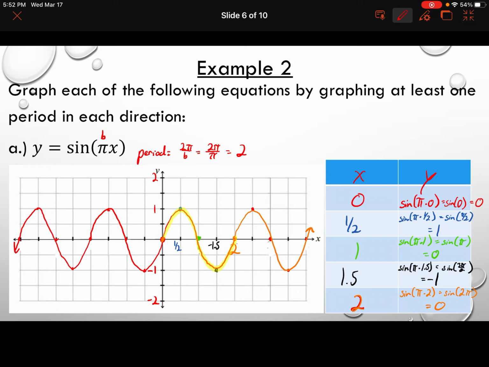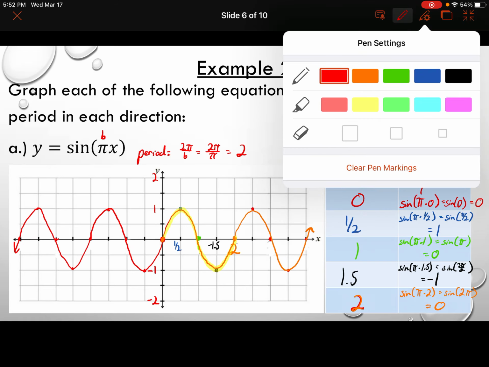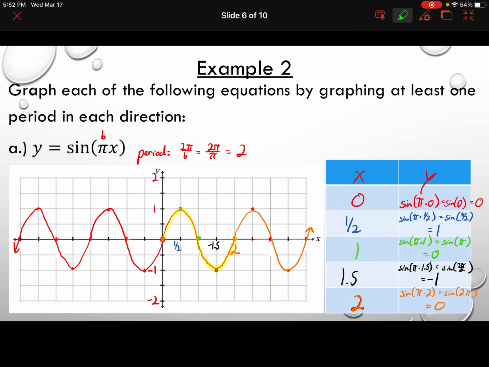Just by doing 5 points, we were able to graph a lot more periods, a lot more cycles of the graph. Here's another cycle that we did. And then here's a 4th cycle. So we did 4 cycles based upon just 5 points, because once again, those 5 points are just going to repeat.